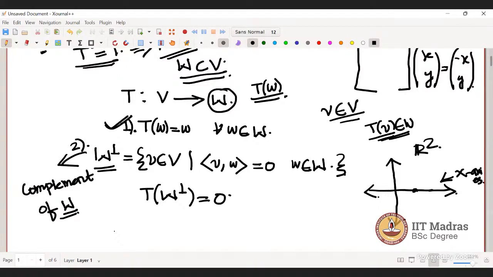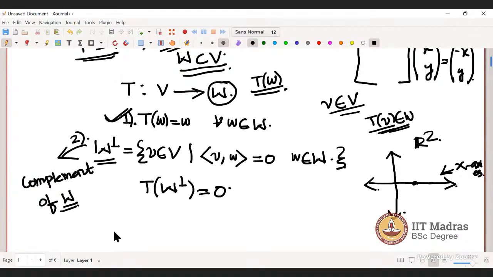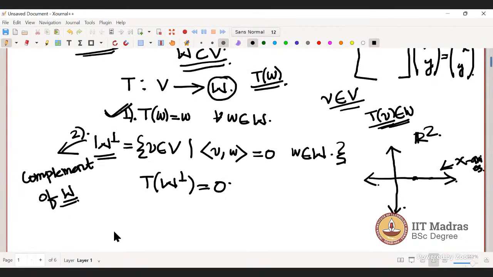W perp consists of all the vectors which are perpendicular to this vector space W. So in particular here, if my W is x-axis, then W perp is basically y-axis.